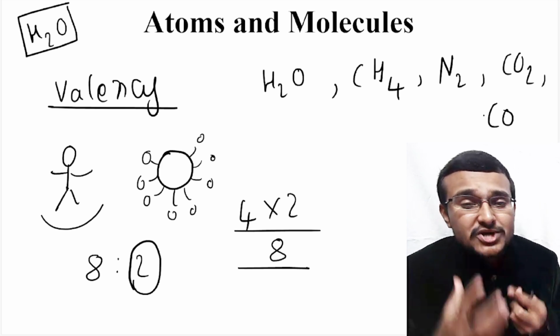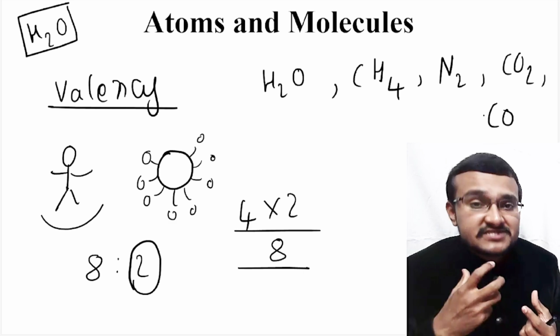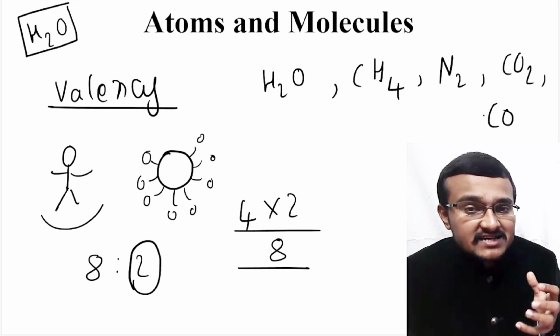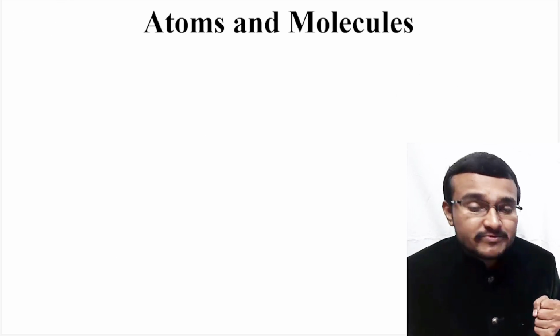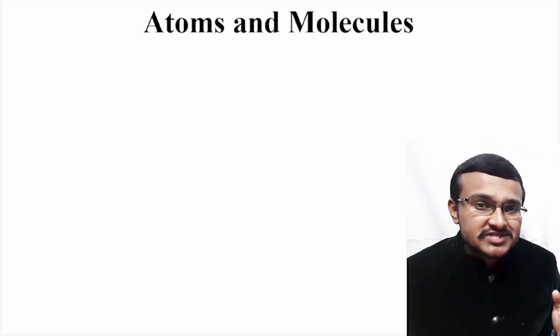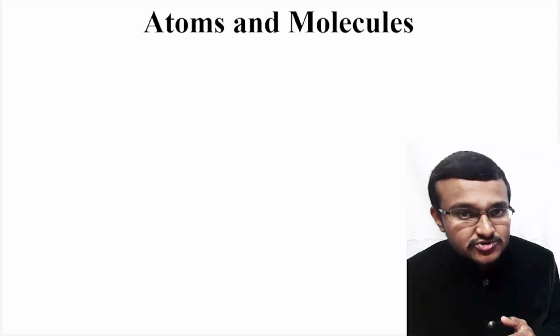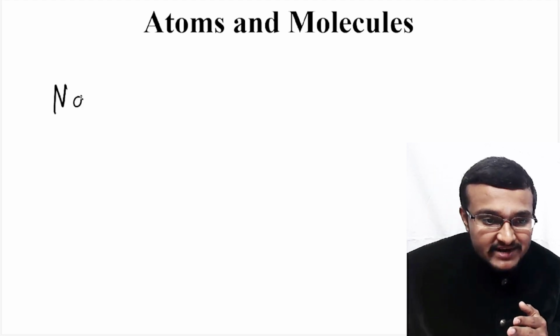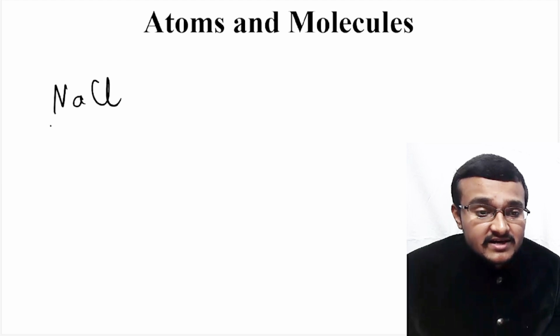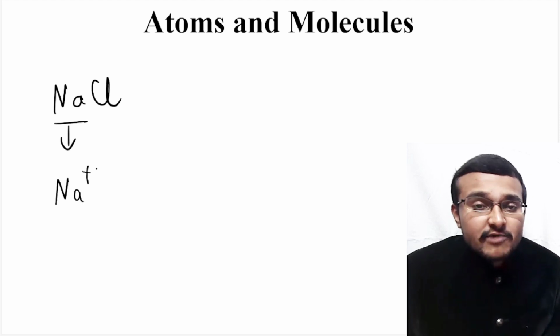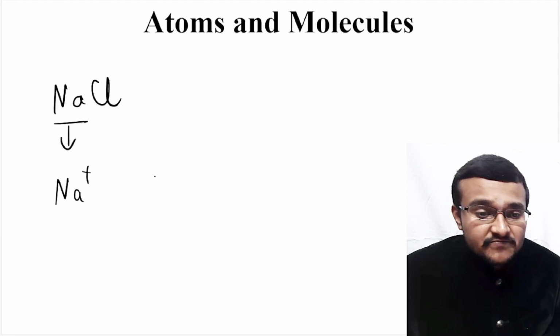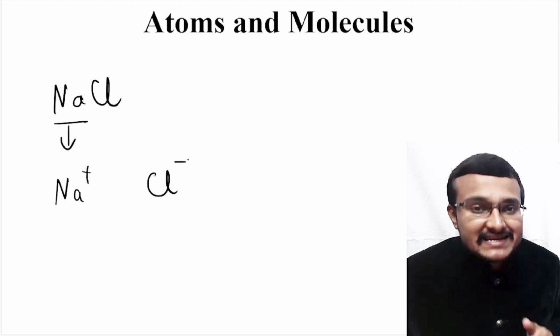You can also understand this in terms of charge. The net charge in a compound should be balanced out so that all positive charges cancel out negative charges. For example, if I take NaCl as a compound, here sodium has one valency where it can form the Na plus ion, and chlorine will form the Cl minus ion.